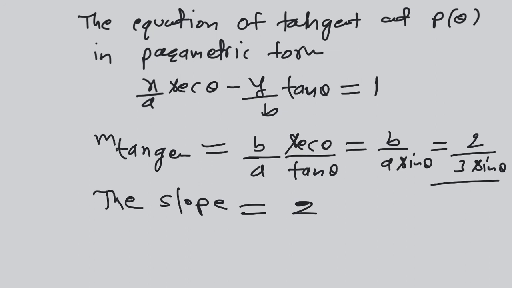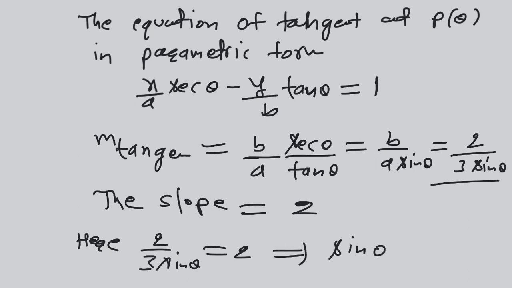That must equal 2 by 3 sine theta. The slopes must be equal because you can draw only a unique tangent at a unique point for any curve. This is a very important point. So 2 by 3 sine theta must equal 2, and we get the value of sine theta is 1 by 3.